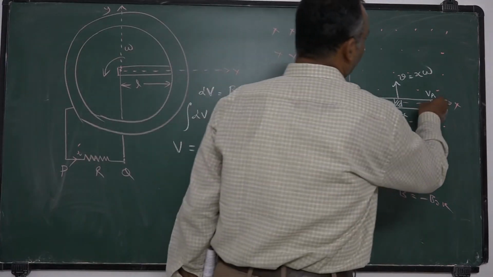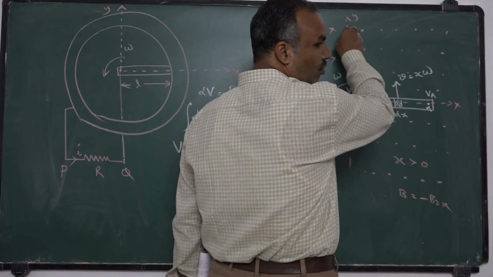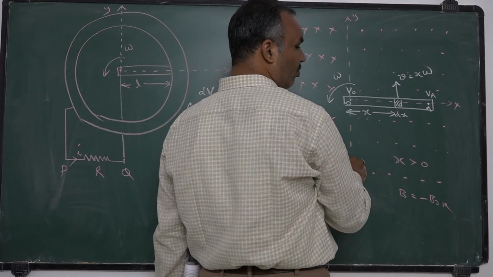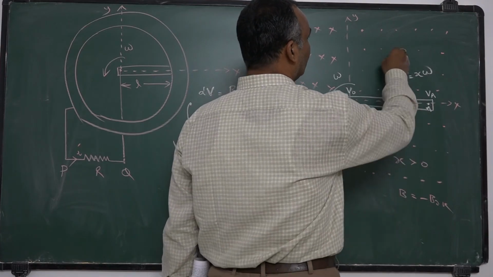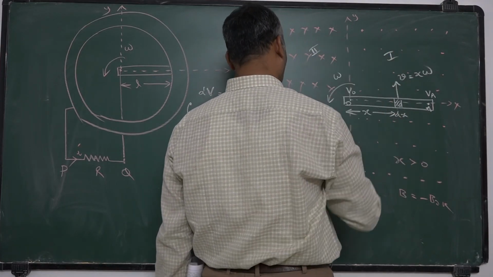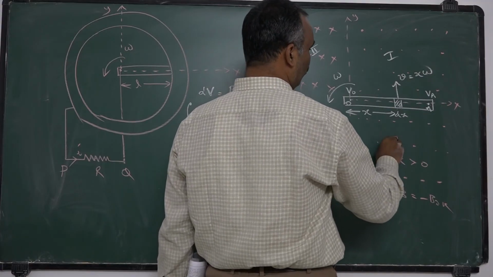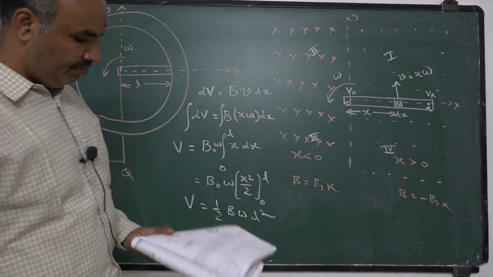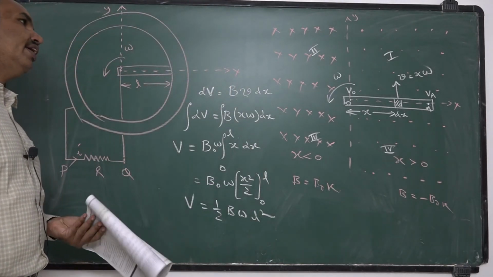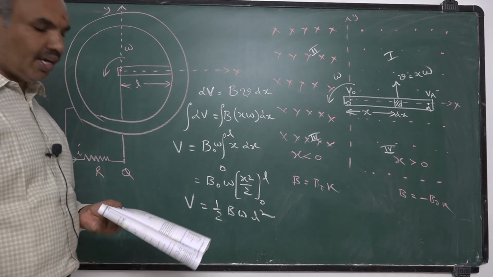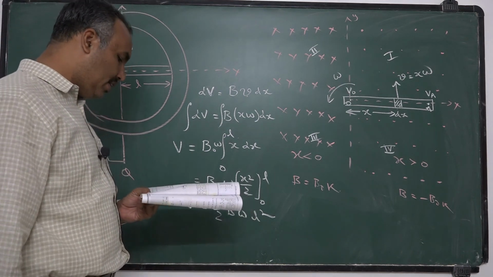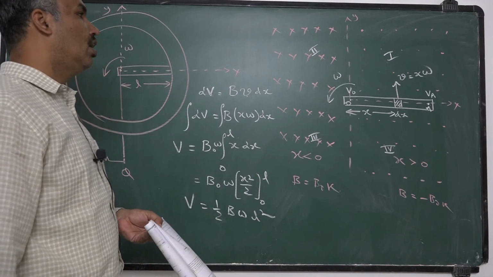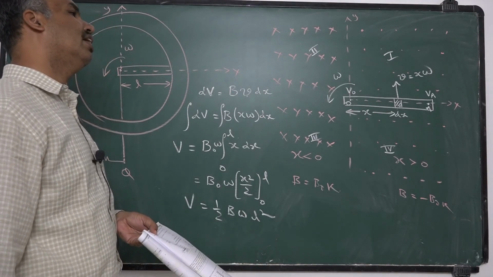From here to here, current will flow in one direction, and the same for the other parts. This is the first quadrant, second quadrant, third quadrant, fourth quadrant. In the first and fourth quadrants, the direction of current is in one direction. In the second and third quadrants, the direction of current is opposite to the earlier current.